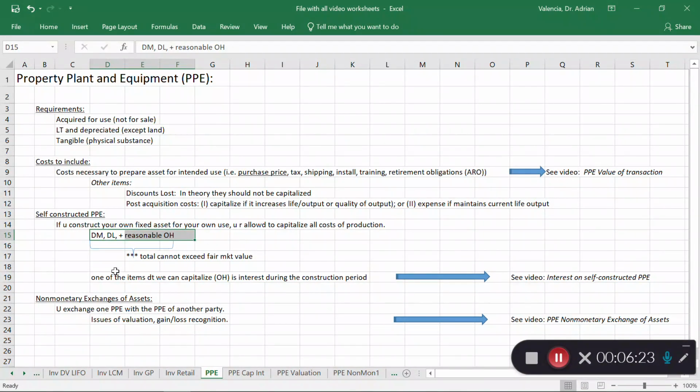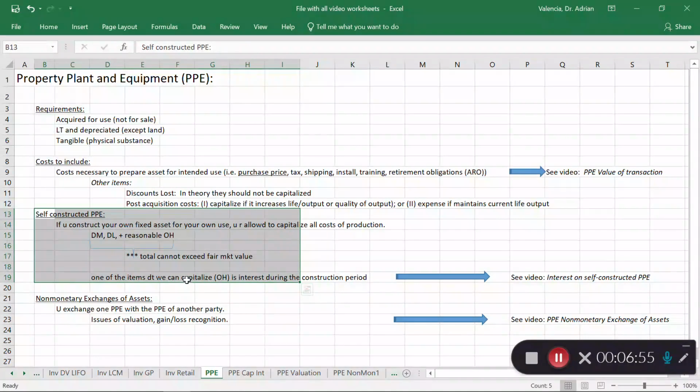And interestingly enough, if you are making your own asset, it takes a while to make your own asset. One of the items that you can also capitalize, which is a necessary cost, is interest during the construction period. So, interest would normally flow to overhead. If you take out a loan, or if you have some loans, not necessarily directly tied to the construction of this asset that you're making, you can capitalize some of that interest.